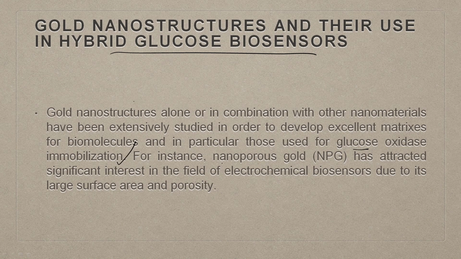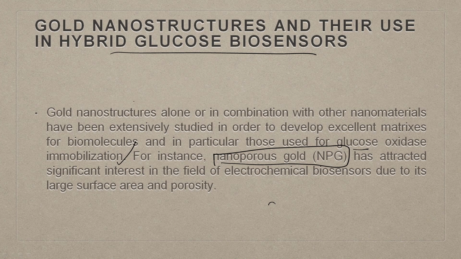For instance, we will talk about the nanoporous gold electrode, which has attracted significant interest in the field. Why is nanoporous gold such a favored material? Because first of all, gold electrodes have better conductivity. Apart from it, gold electrodes are extremely stable. There is hardly any leaching which is happening there. Lastly, when you talk about nanoporous gold, that means the structure is something like this.